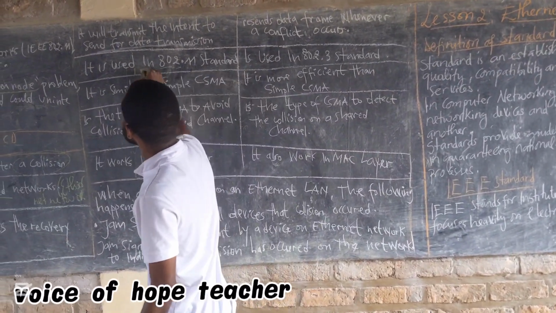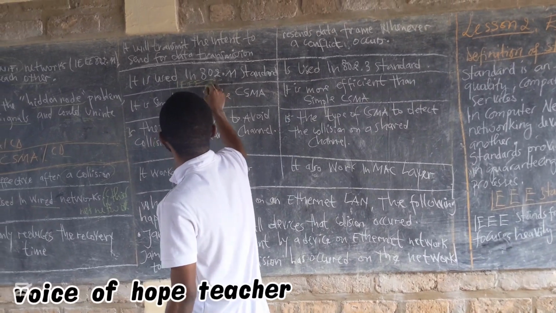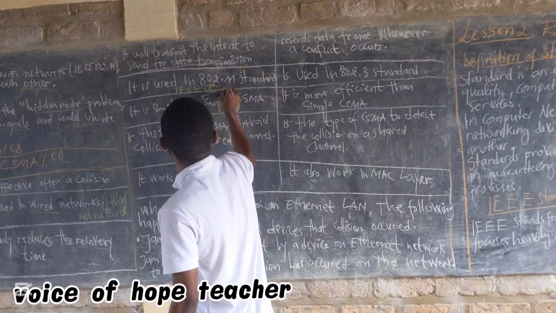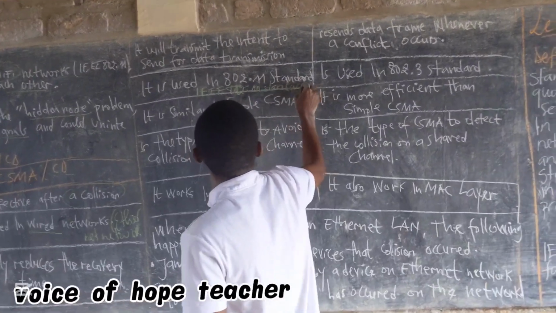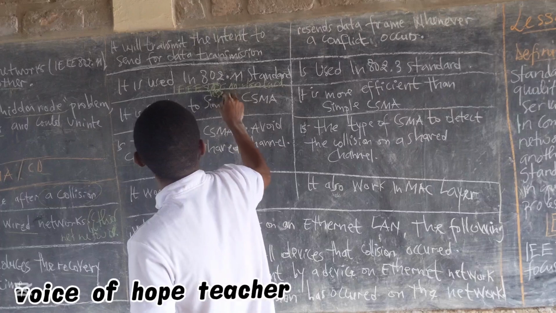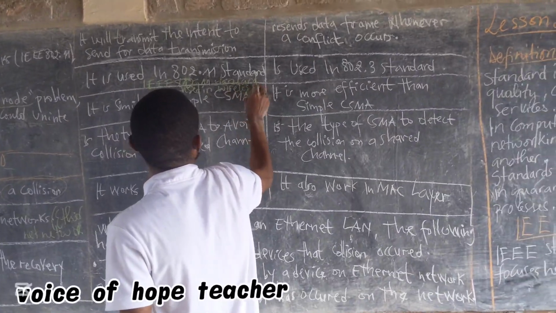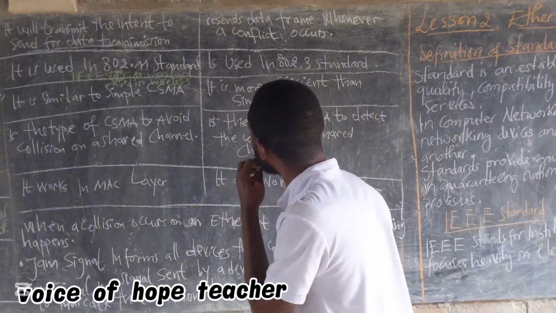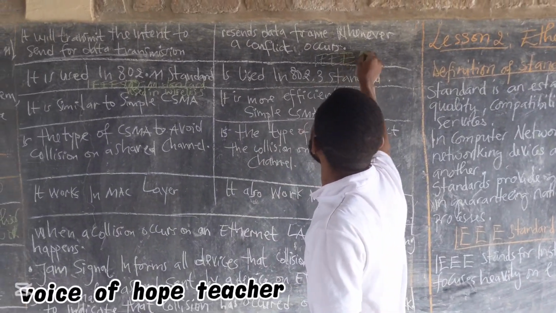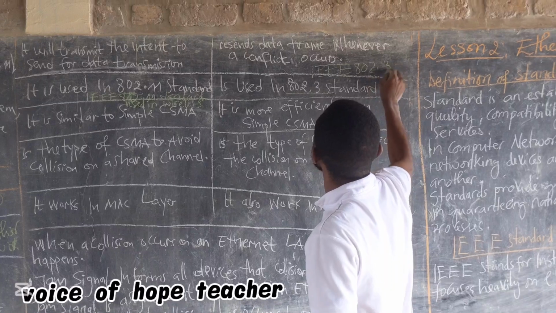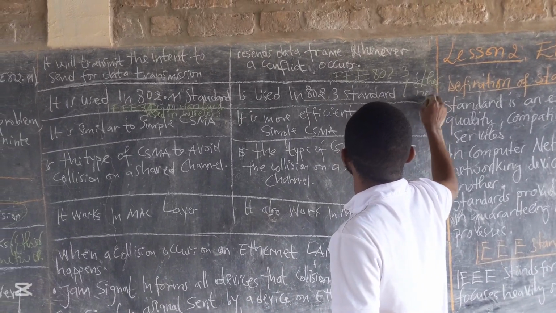Iyi ni standard ya IEEE ya 802.11 dukoresha muri wireless, mu gihe iyi ngiyo ni standard ya IEEE 802.3 dukoresha muri Ethernet, muri wire.